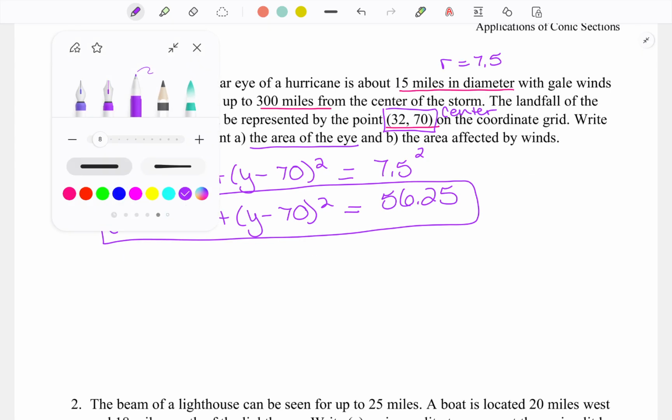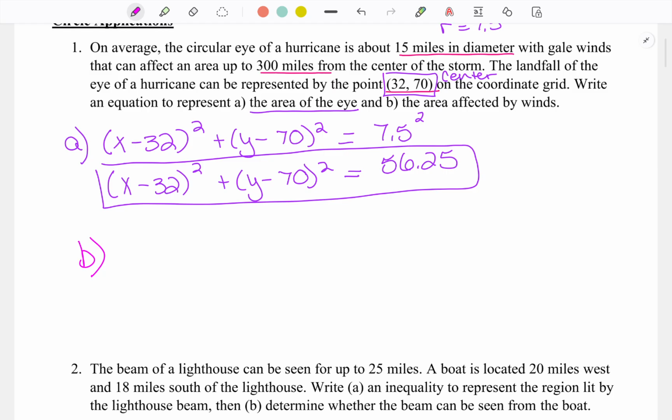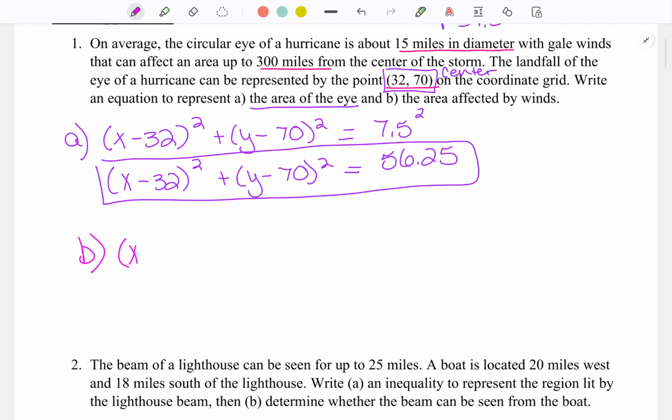So then for part B, we need to find the area affected by the winds. Since we have an area up to 300 miles away from the center, we can actually use 300 as our radius. So we're going to have the same center.